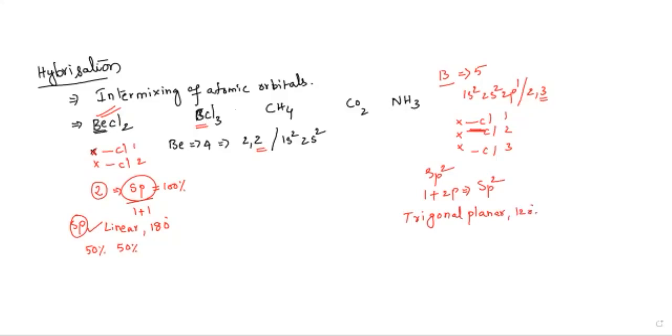Suppose the central atom is oxygen or nitrogen, then in a little different way we have to find hybridization of the central atom. So suppose we take CO2. In this, carbon is the central atom. So how many valence electrons do we have? Same thing, atomic number 6, electronic configuration 2, 4.